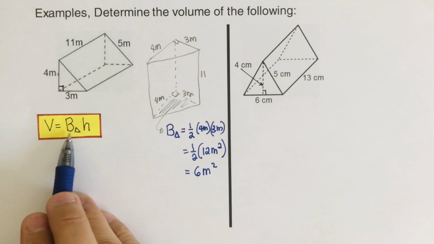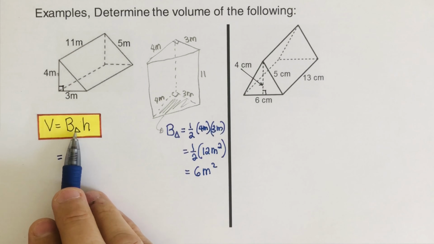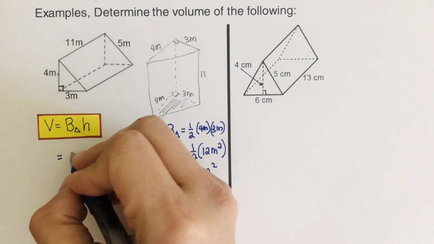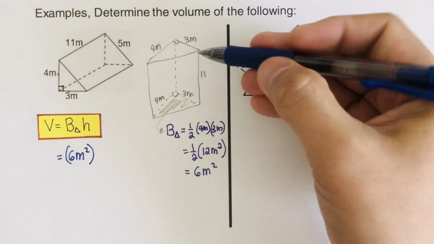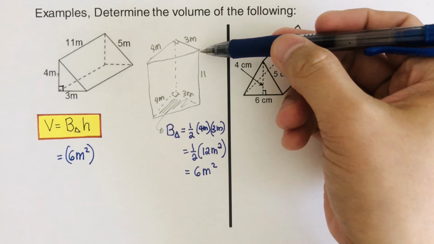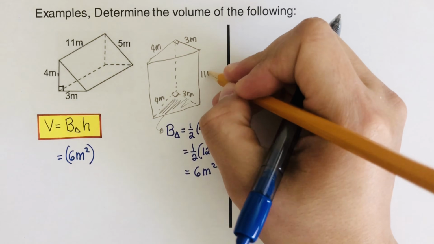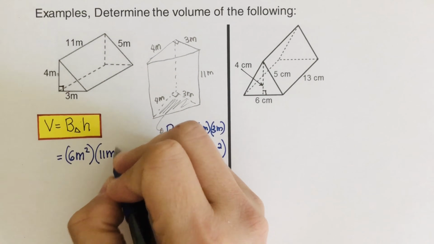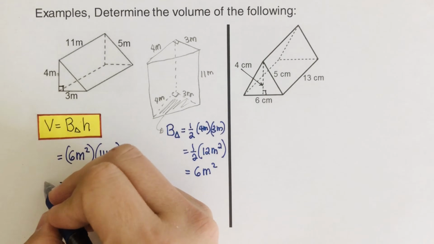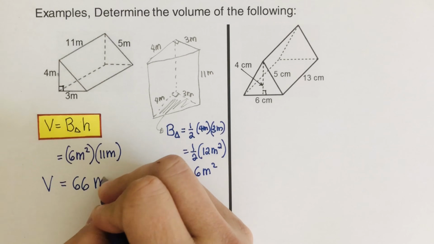So we're now ready to solve for the volume. So that would be equal to the area of the triangular base, 6 meters squared, times the height of the prism, which is 11. By the way, this is 11 meters right there. So the final answer for the volume is 66 cubic meters.